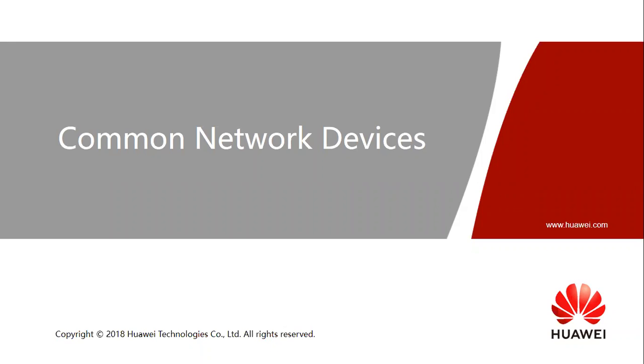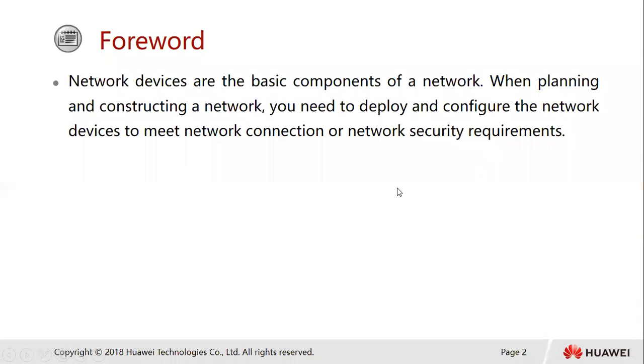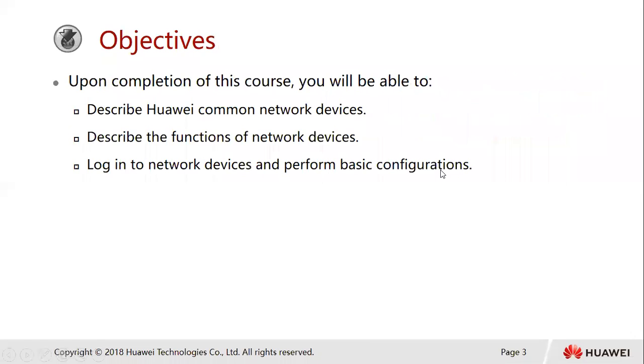Okay, so we are going to look at common network devices. Network devices are the basic components of a network. When planning and constructing a network, you need to deploy and configure the network devices to meet network connection or network security requirements.